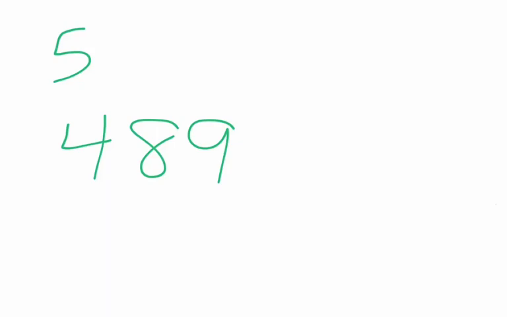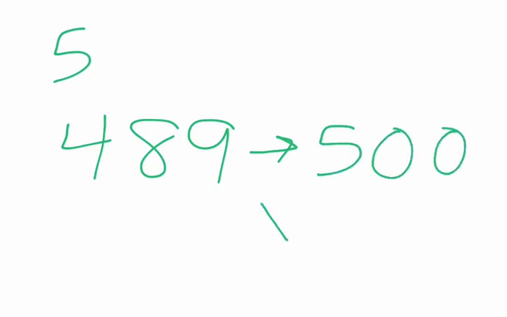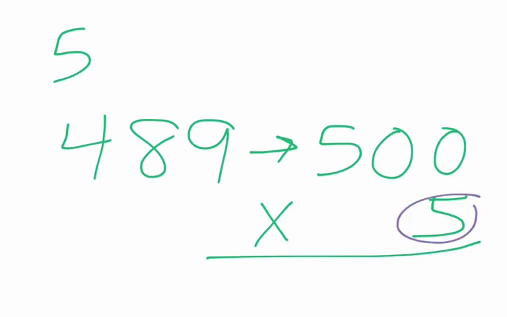So, first we want to figure out what we're going to round to. So I'm going to round 489 to 500. And I'm going to multiply 500 steps around the track once by 5. And I'm going to do 0 times 5 is 0.